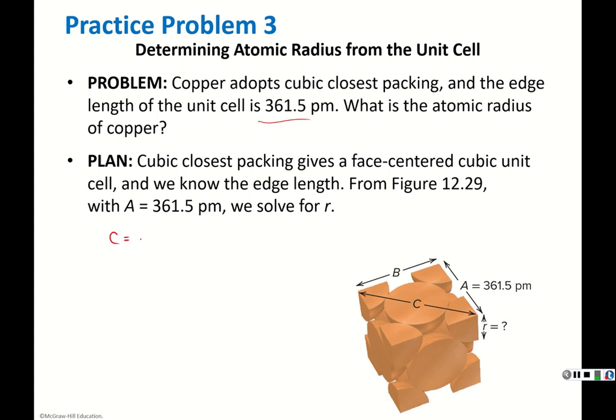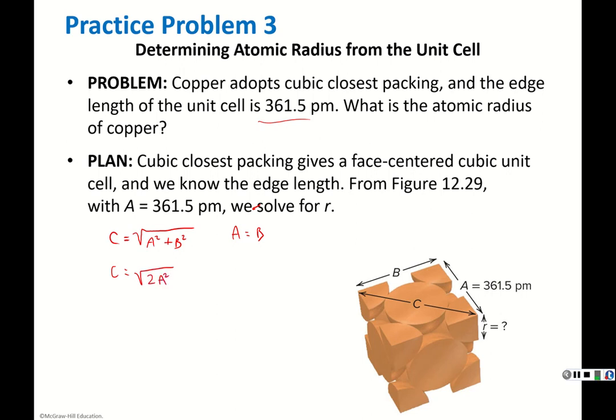We can find the length of C if we take the square root of A squared plus B squared. Well, in this case, it's a cube, so A equals B. So C is just going to be equal to the square root of 2A squared.